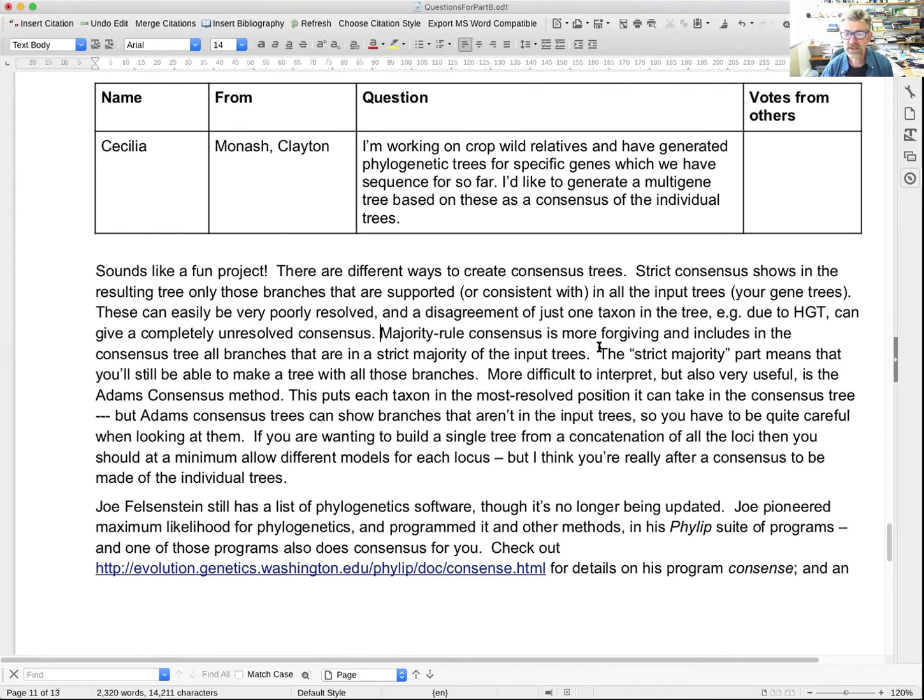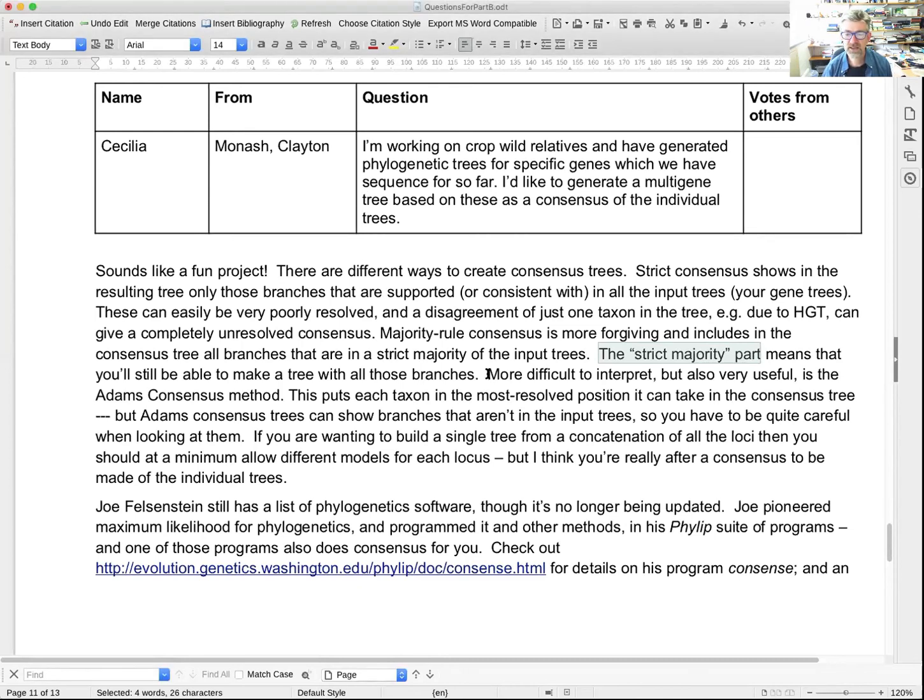Because it's at least a strict majority, that means that you'll be able to make a tree with all those branches. So that's actually quite useful. Majority rule consensus is a pretty useful consensus method.